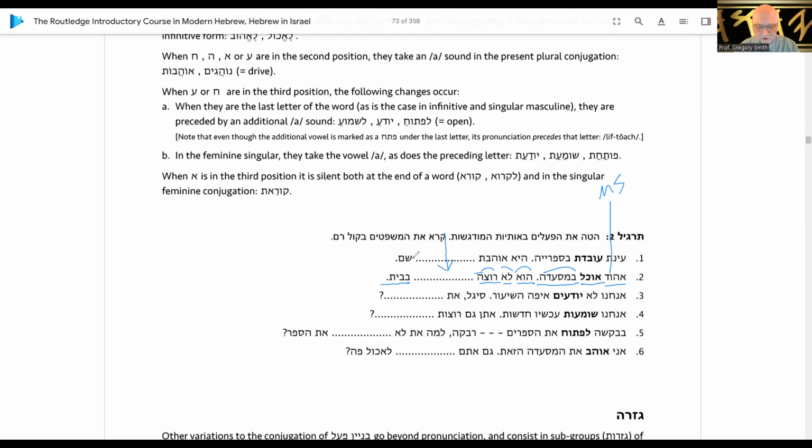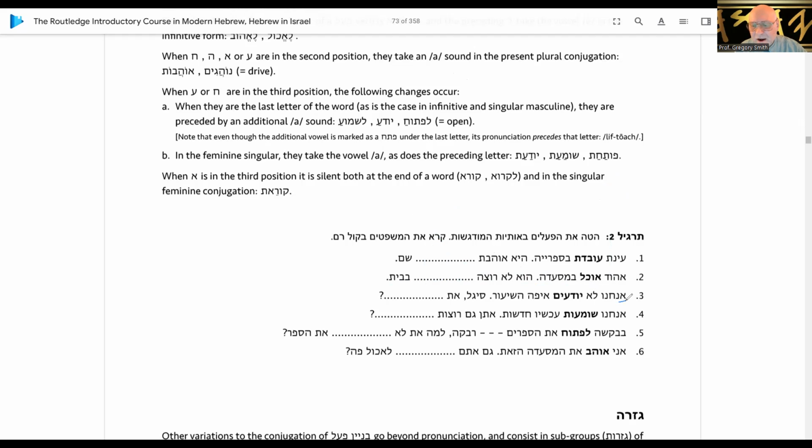Yeah, he doesn't want to eat at home. Okay, so what we should have here is "to eat" should be lamed, aleph, chaf, and this would be like a holem, and a lamed, "lachol." So that would be "to eat," "babayit," at home.